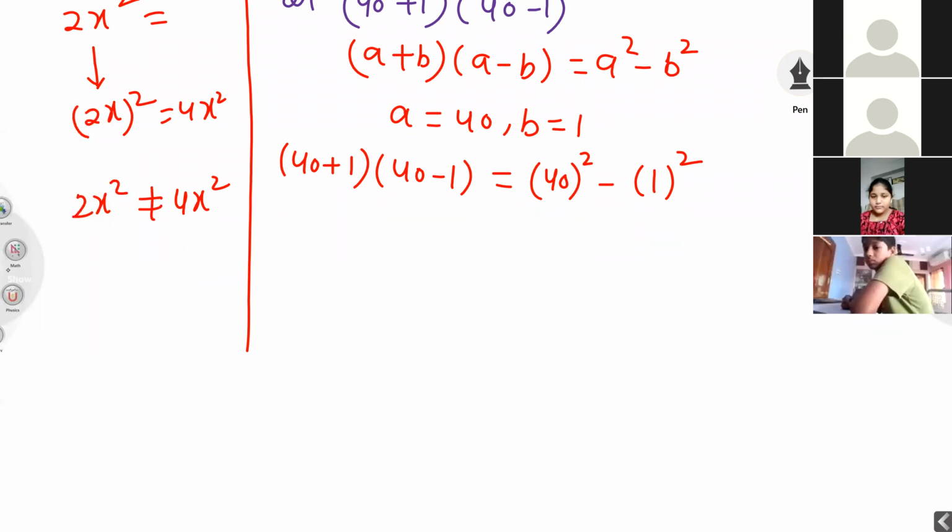Now 40 plus 1, 40 minus 1 is equal to 40 square minus 1. 40 square means 1600 minus 1. What is the answer? 1599.